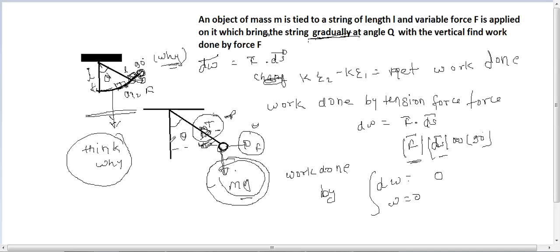This is the L, this length will be L cos theta, so this height will be L minus L cos theta. So the work done by mg will be minus mg L (1 minus cos theta). This is the work done by gravity: minus mg L (1 minus cos theta).